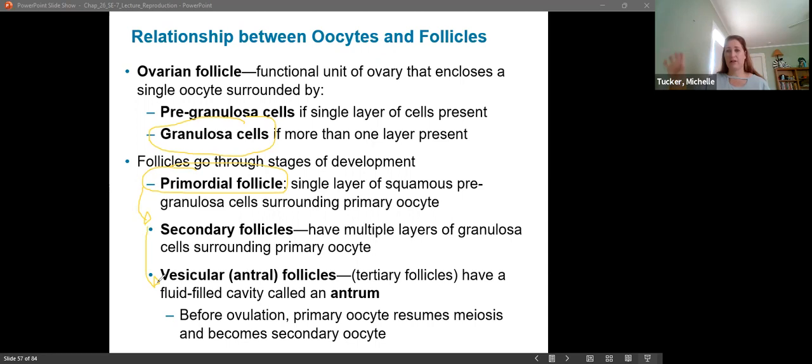So there's follicle development, which starts with primordial, then goes to primary, then secondary, then mature antral follicles, also called tertiary follicles or Graafian follicles.